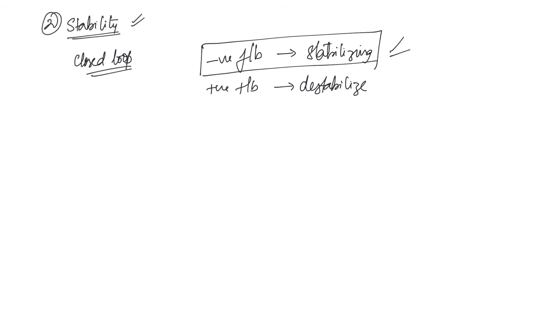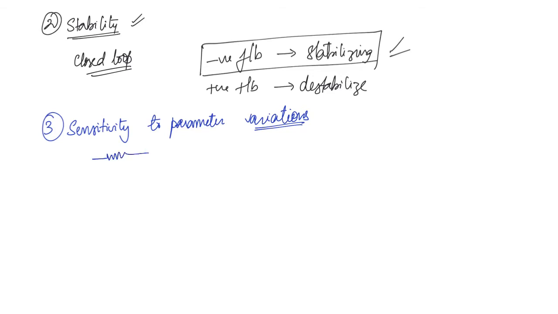The next one that we have is sensitivity to parameter variations. So we know that a control system is made up of a lot of components, and these physical components will have some parameters associated with them, right? For example, if you have a resistor, then you have a resistance associated with it.